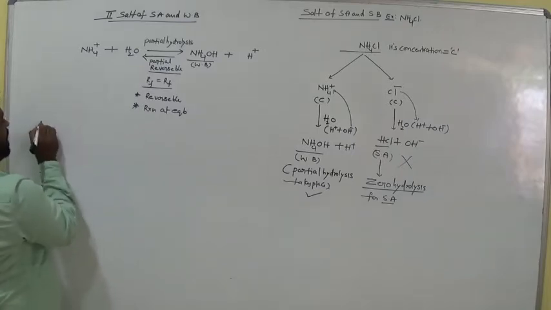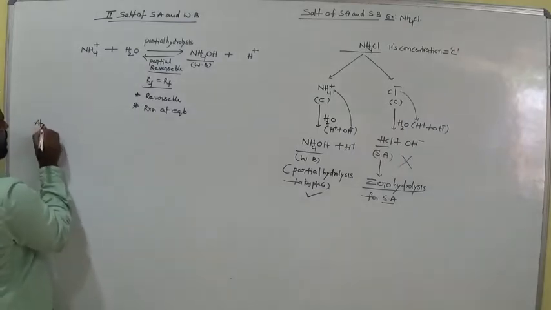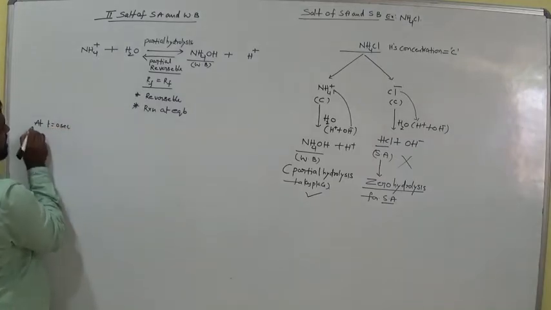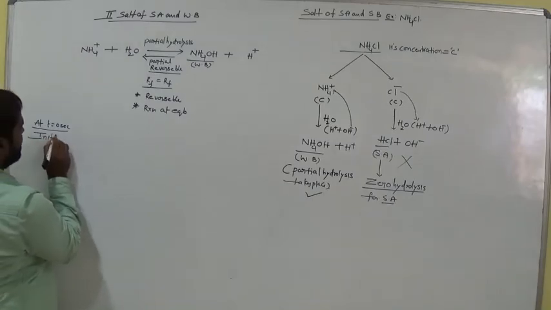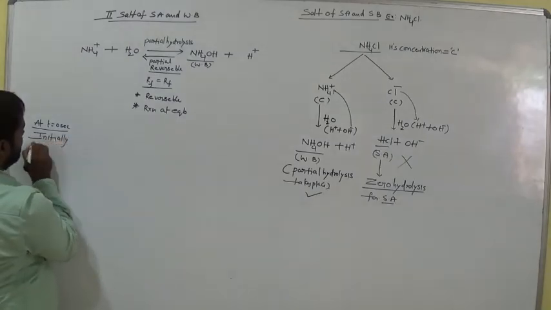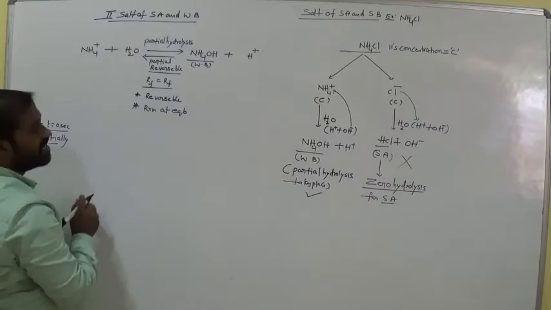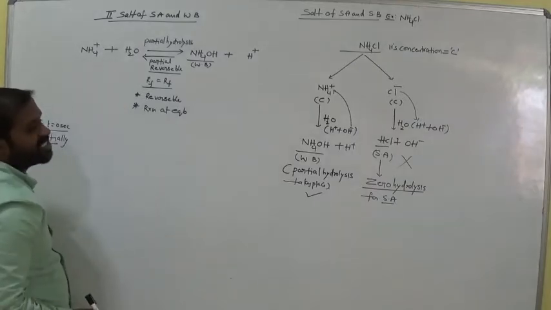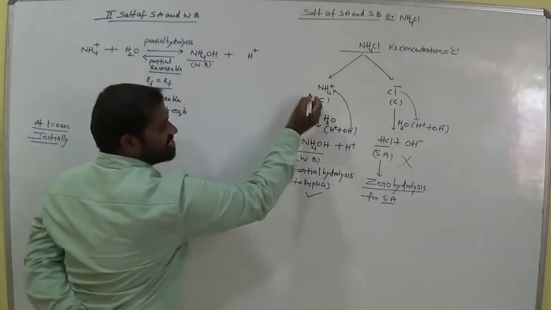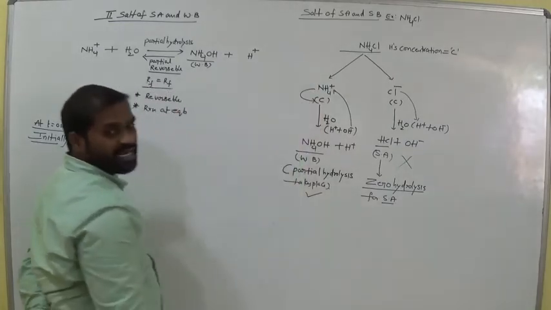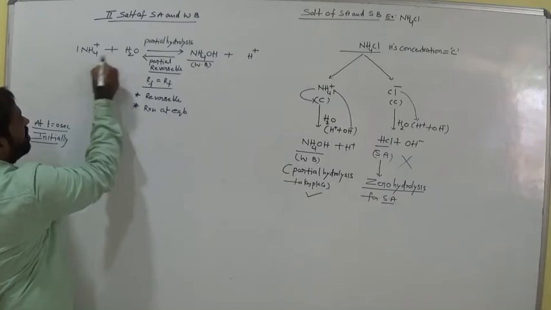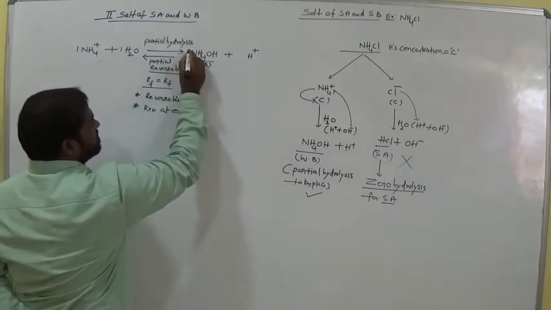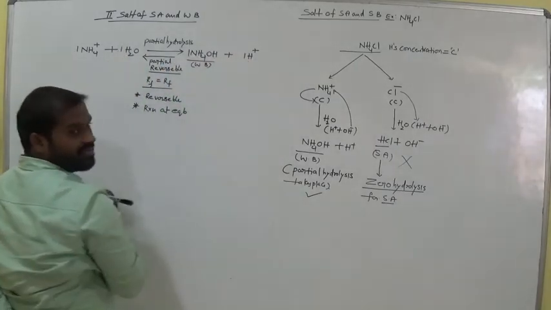Now suppose at t equals 0 seconds, that means initially, the initial concentration of NH4 plus is C, am I right? Here it is 1 mole, 1 mole, 1 mole and 1 mole. Remember that.